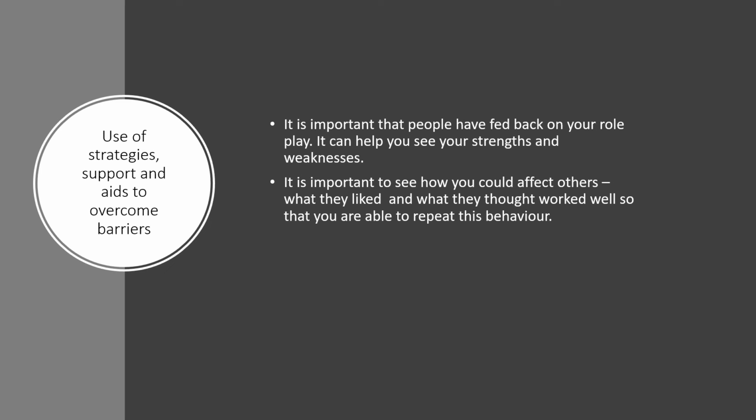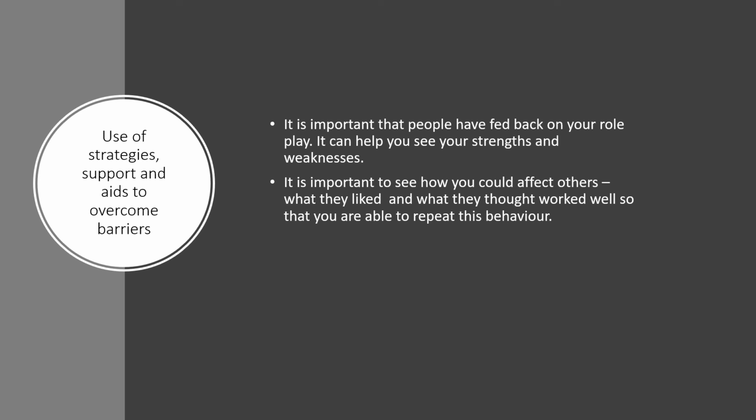Use of strategies, support and aids to overcome barriers. It's important you have people witness and feedback on your role plays. It really will help you see, wow, where you're doing really well, and hang on, this is an area that I can improve on. It's important to see how you could affect others. So someone identifying now that you aren't very good at eye contact and that you're constantly looking at the ground could help you in the future.